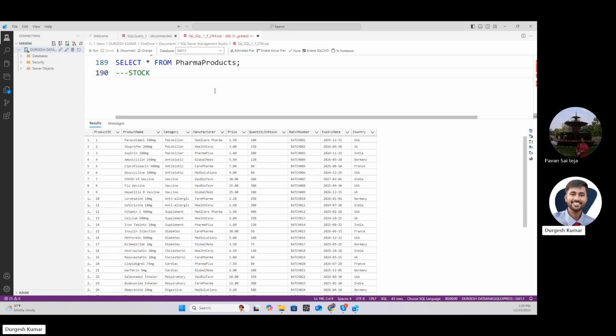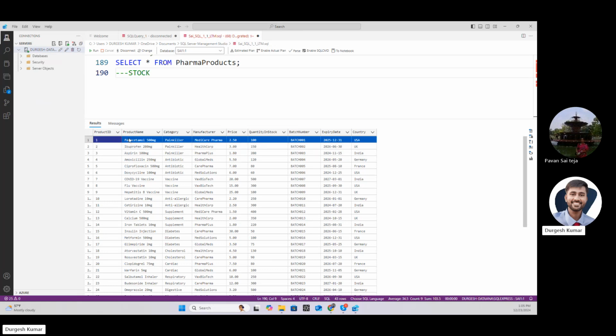Stock is how much we have. So the meaning of this row is: this particular product, which is a painkiller, manufactured by Medicare, the price of each is $2.5 and we have 100 units in stock to sell. Batch number is this, expiry date is this, and the country of origin is USA.